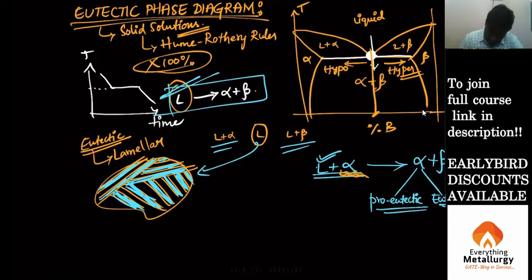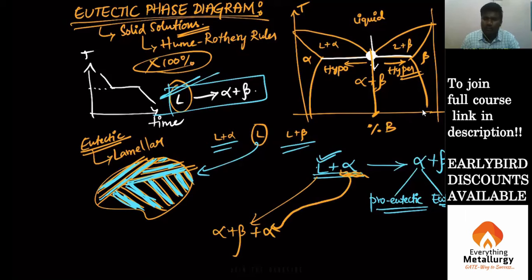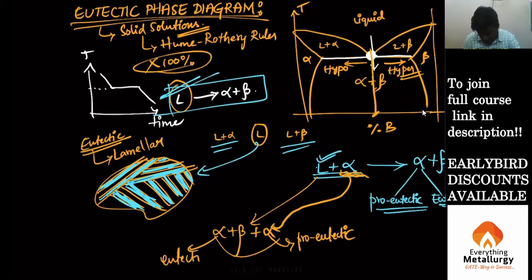So that indicates that this liquid will be forming alpha plus beta, plus this alpha from my initial reactant will try to grow and form a pro-eutectic alpha. So that's how we write. So this is a pro-eutectic, and this is usually how the eutectic reaction takes place.